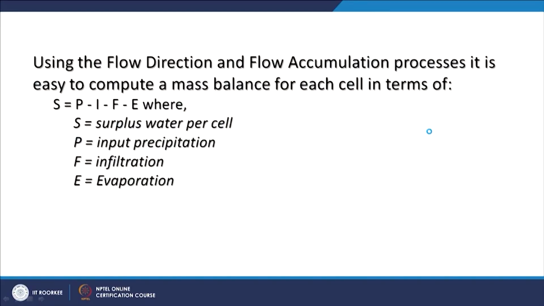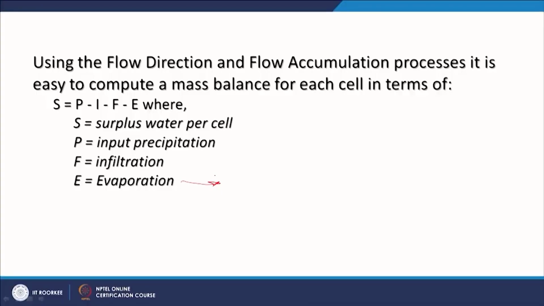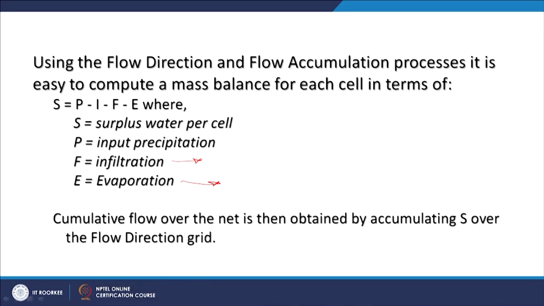Because the more realistic a picture you want in modeling, or the better the prediction, you have to bring in other losses of the water, and here it is coming in the form of evaporation or evapotranspiration, which is going to the atmosphere, infiltration which is going downward towards the groundwater, and of course input is also there. So, this cumulative flow over the net is then obtained by accumulating S over the flow direction grid, this S.